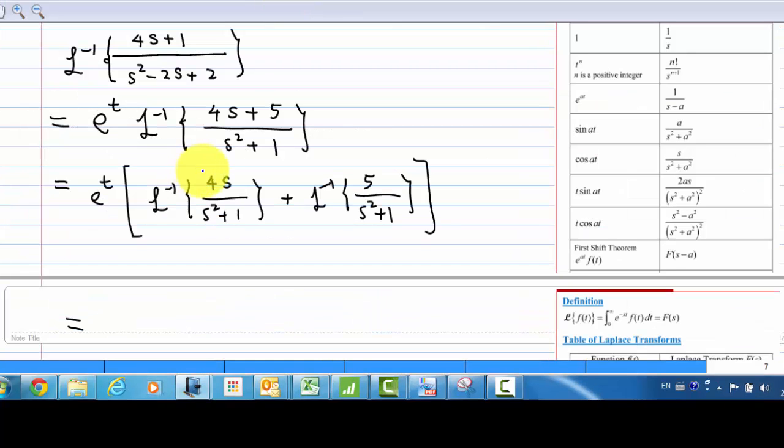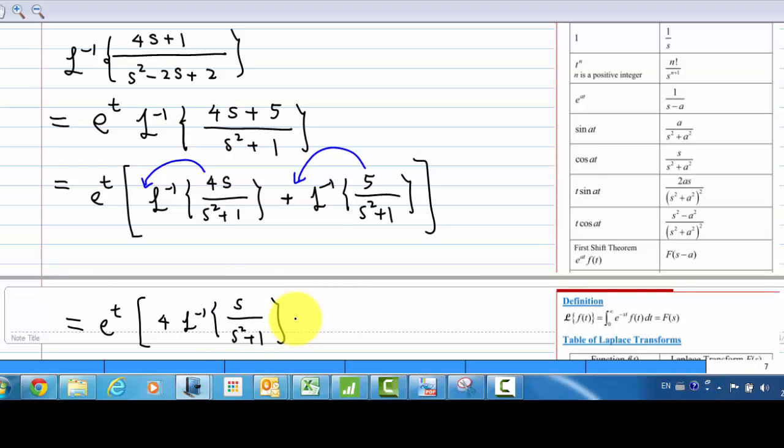And then you can pull out the 4 and pull out the 5. This will give you e to the power t times [4 times the inverse Laplace transform of s over s squared plus 1, plus 5 times the inverse Laplace transform of 1 over s squared plus 1].